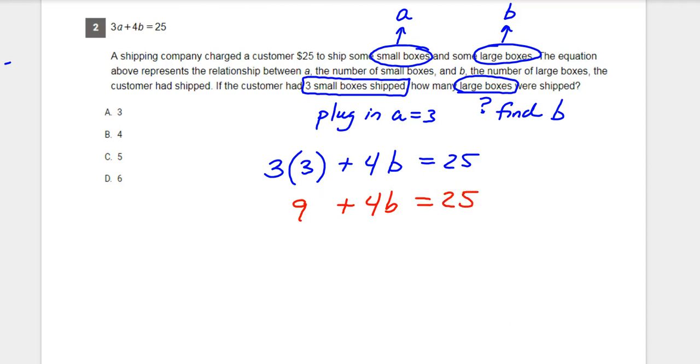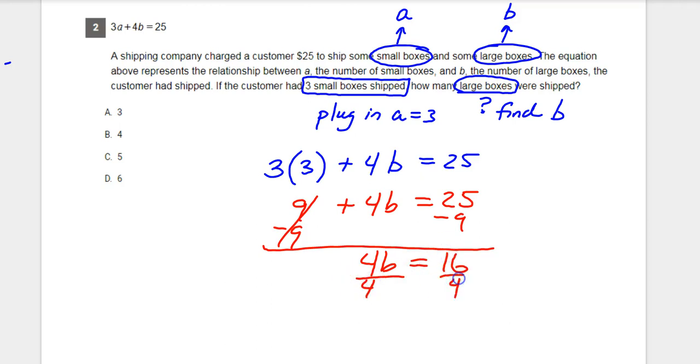To get B all alone, I'm going to minus that 9 from both sides, which gives me 4B equals 16. And then divide by 4, divide by 4. That's a pretty bad looking B, but B equals 4. So 4 of the large boxes were shipped. So the correct answer here would be B.